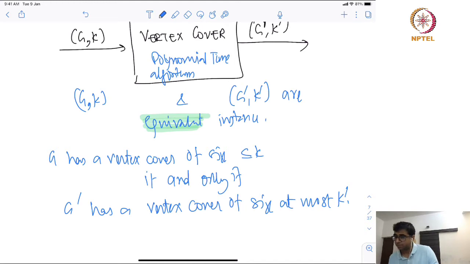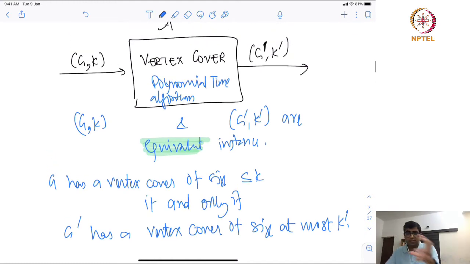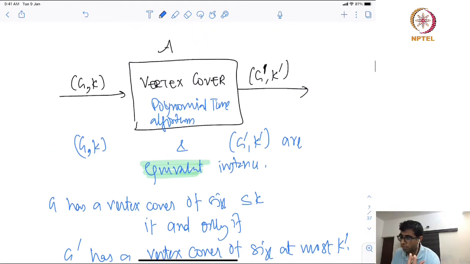Now, what is the meaning of this? This is an amazing algorithm, a polynomial time algorithm that takes an instance of vertex cover and outputs an instance of vertex cover without changing the answer, which is great.